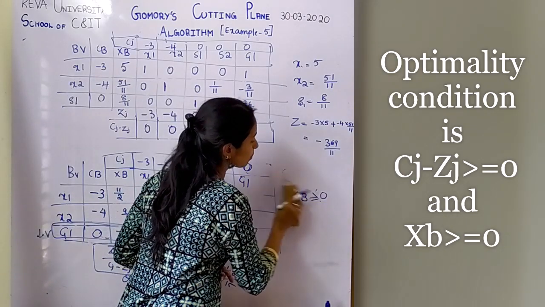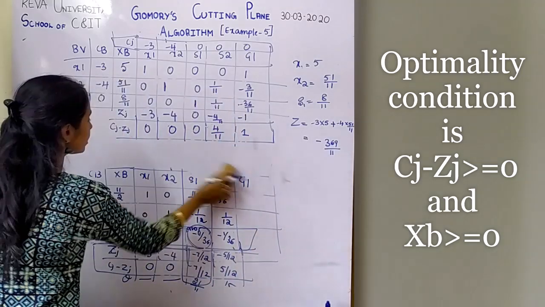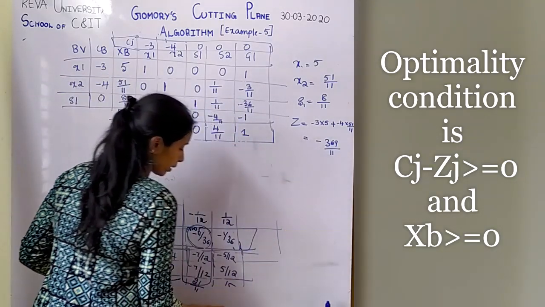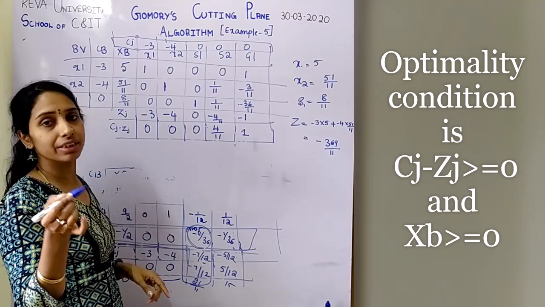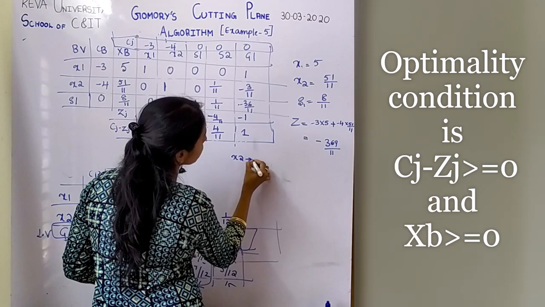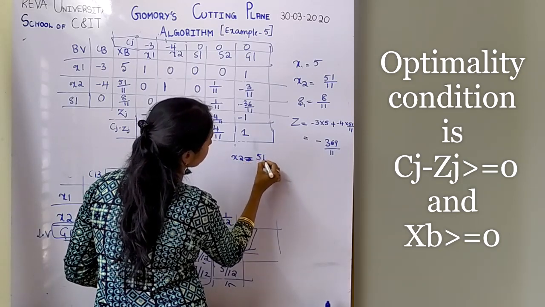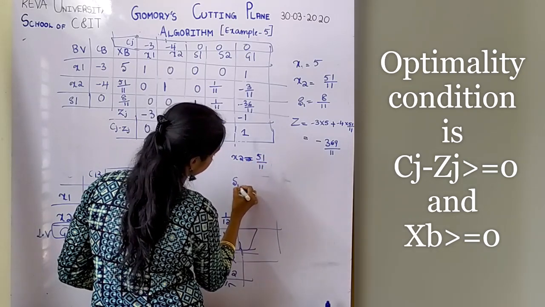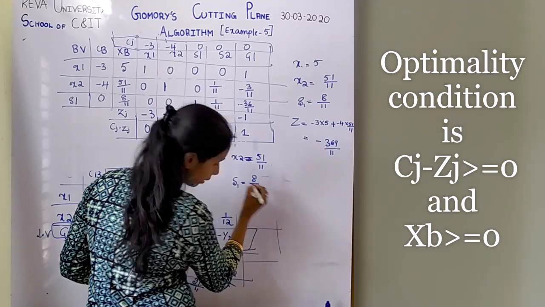The formula says to take the maximum fractional part. x2 is not an integer, so we have got 51 by 11. s1 we got 8 by 11.